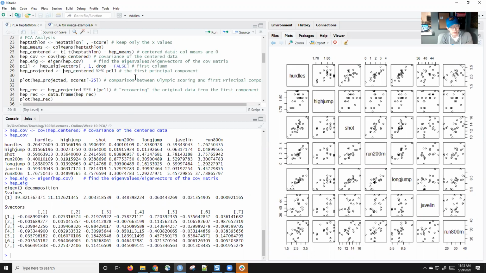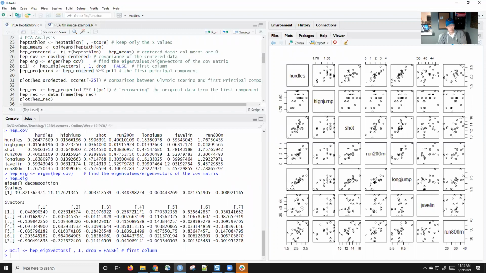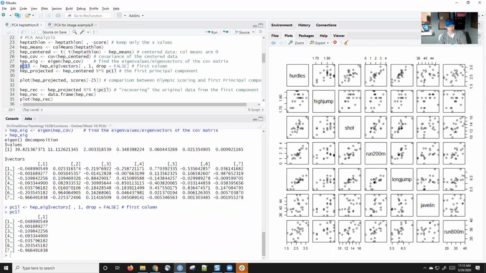project the data. To project the data, I've got 24 competitors in 7 columns, and I'm going to multiply it by just this first column of the matrix, which is 7 rows, 1 column.